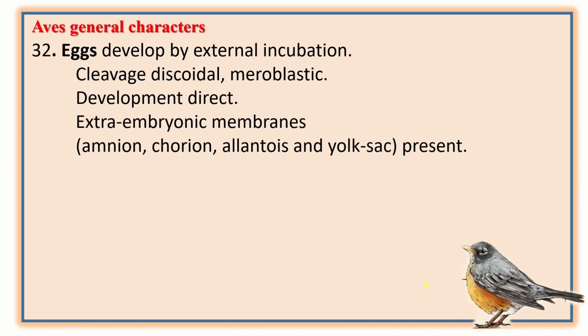Eggs develop by external incubation. Cleavage is discoidal meroblastic. Development is direct, and no larval stages are found in birds. Extra-embryonic membranes are present: amnion, chorion, allantois, and yolk sac.